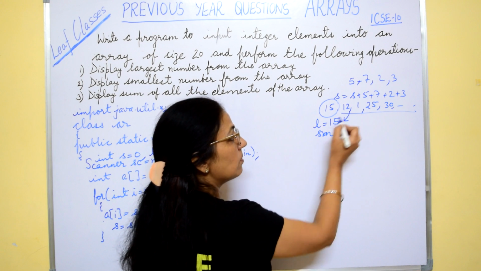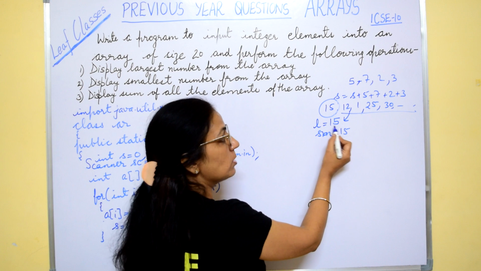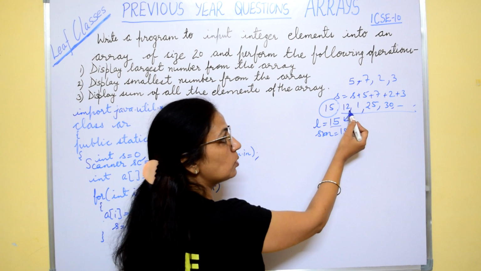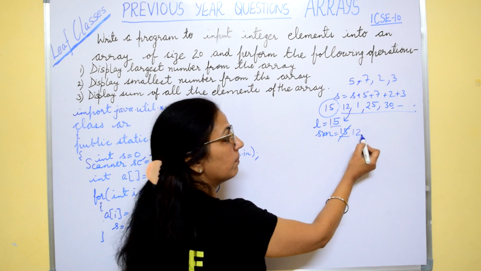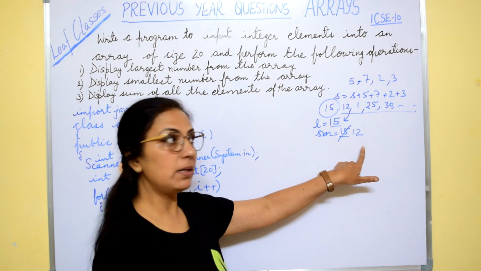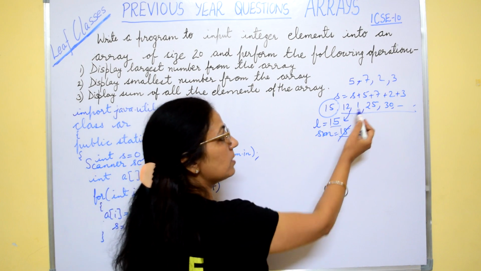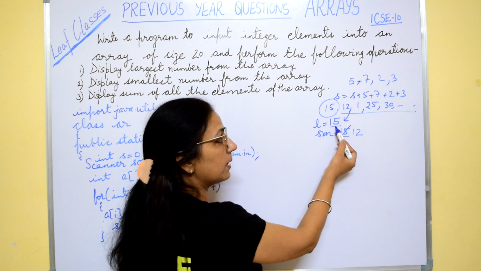Is 12 more than 15? No. So largest will remain 15. 12 is smaller than 15, so we will make the value of the small variable 12. Next is 1. Is 1 more than 15?